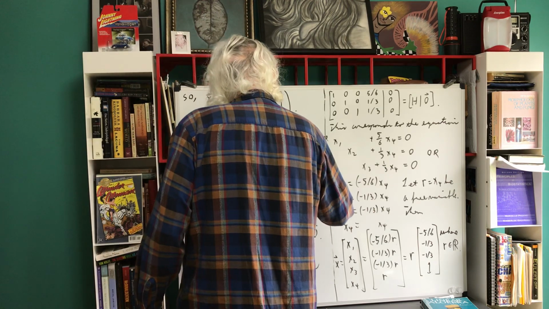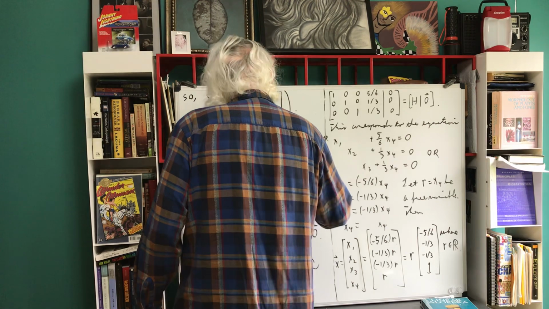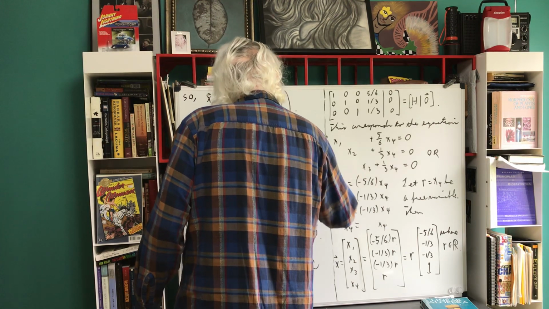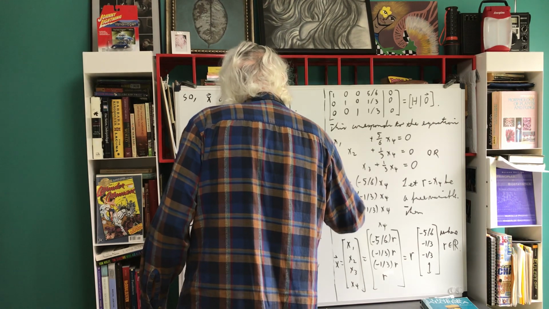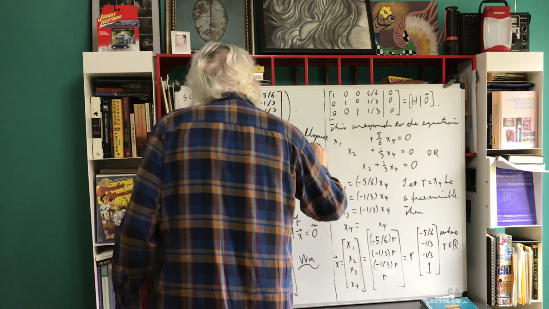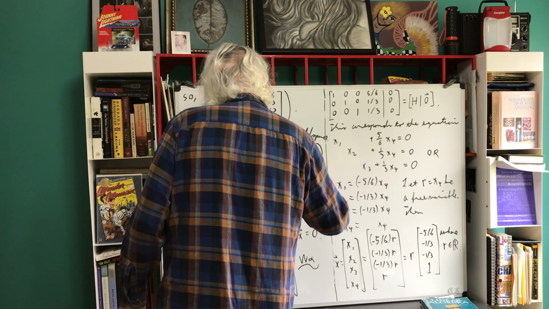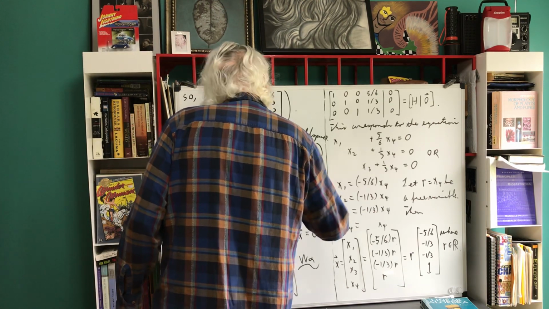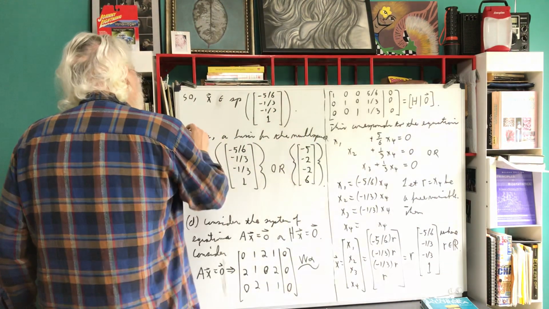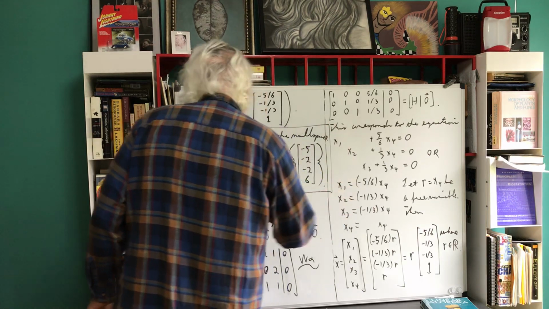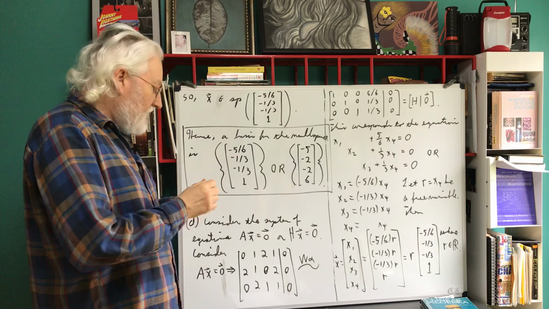My favorite non-zero multiple of this vector is 6. So that'll get rid of all the fractions. Both of these are valid answers. I multiply by 6, we'll have negative 5 for the first component, negative 2, multiplying by 6, and we'll have a 6 for the third component. So a basis for the null space of that given matrix A is given by either of those. One a little bit prettier than the other.